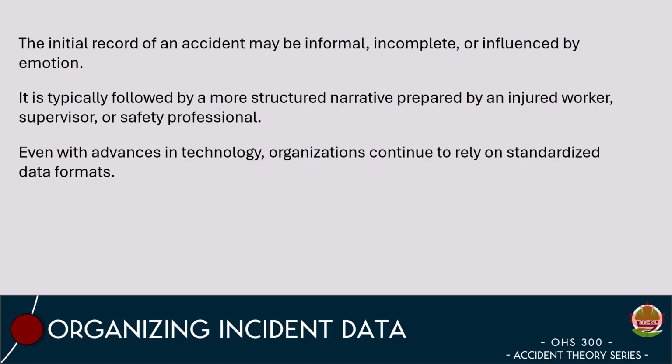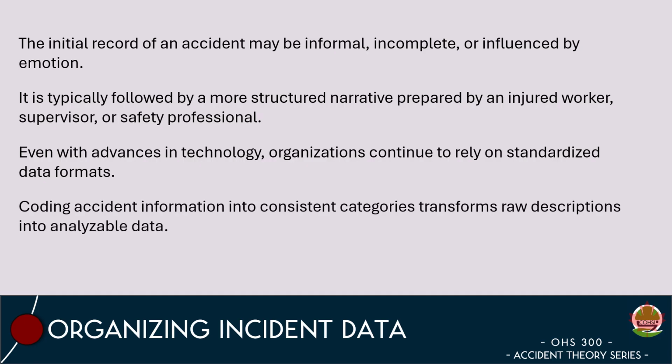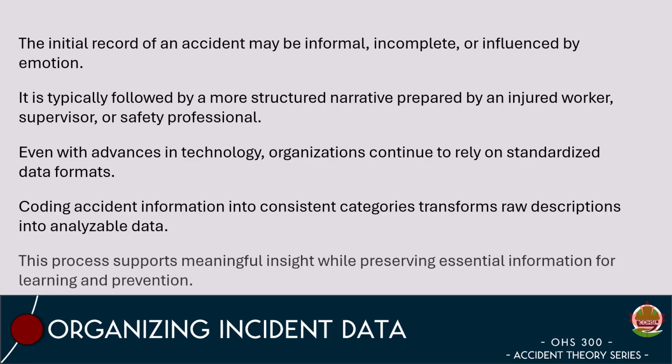When thousands of injury claims are generated each year, reviewing each report individually is impractical. Coding accident information into consistent categories and terms allows raw descriptions to be converted into analyzable data, enabling organizations to extract meaningful insights while retaining the information needed to support learning and prevention.